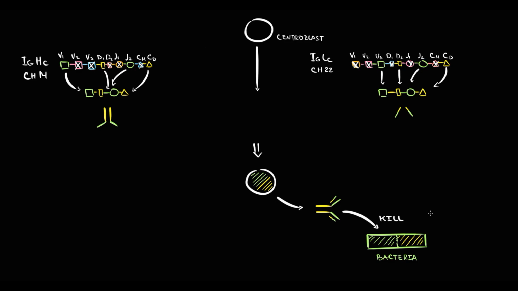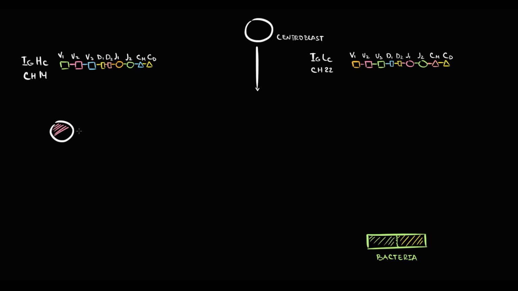But because B cells cannot select the specific gene sequence straight away, this process results in formation of multiple broken B cells with low affinity to this bacteria. And in fact, before B cell will find the right gene sequence, during this process we produce a huge amount of broken B cells.